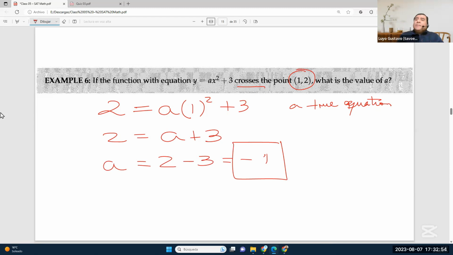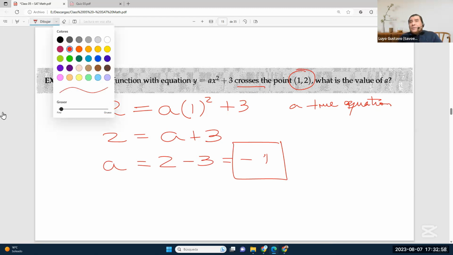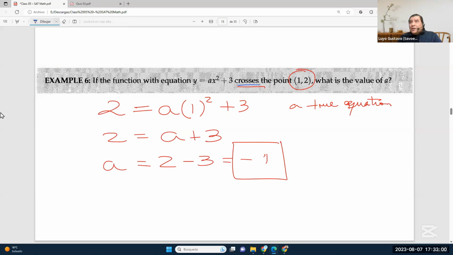So this concept repeats over and over. Please always be on the watch for expressions like crosses, passes, or contains. Any of these verbs indicates that if you substitute the coordinates of this point in the equation, there is a true equality as a result.